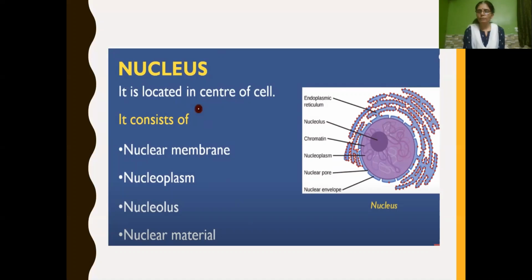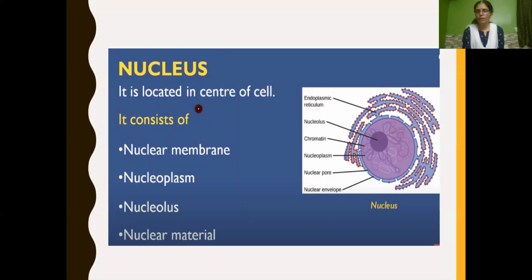Then the fluid substance is called nucleoplasm. Inside, one more small spherical body is called the nucleolus. And the thread-like structure is called nuclear material or chromatin reticulum, which is further divided and seen as chromosomes. Chromosomes can be seen only during cell division. So these are all basic components of the nucleus.